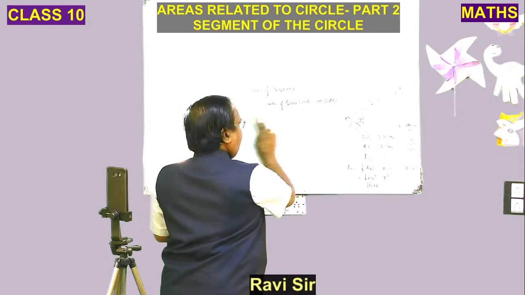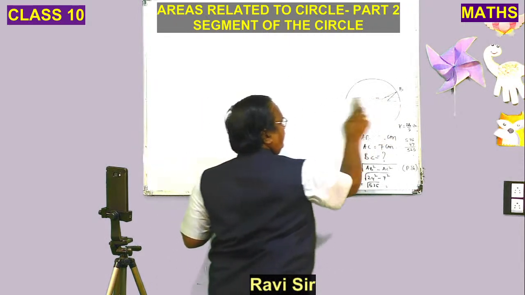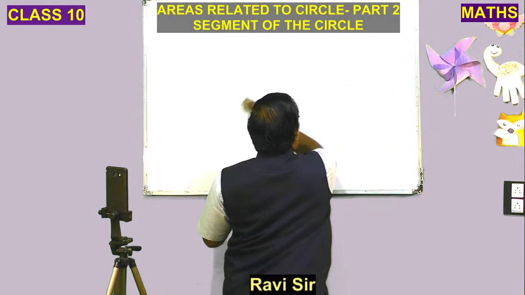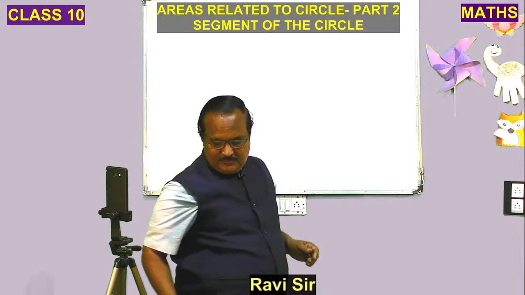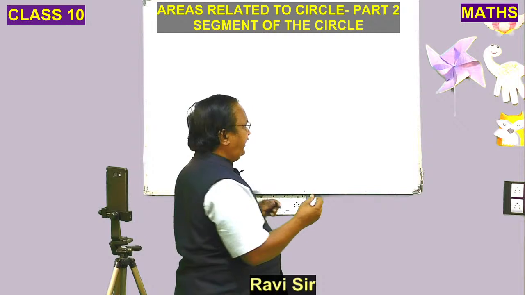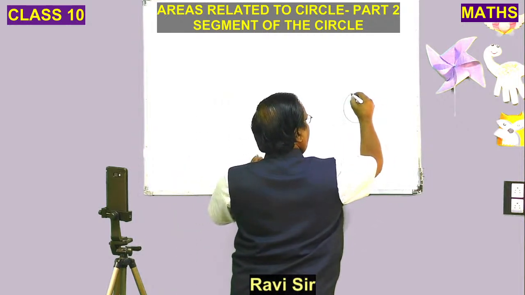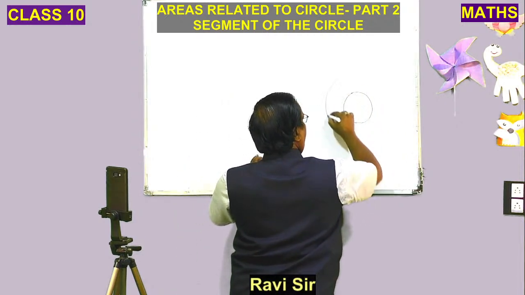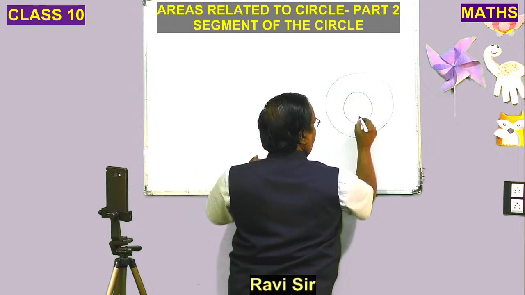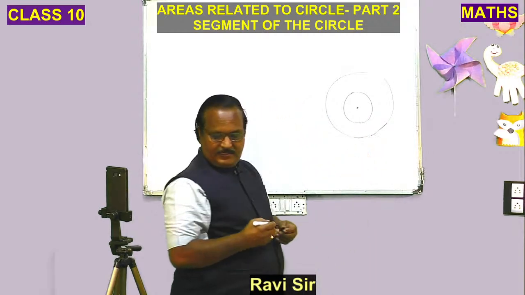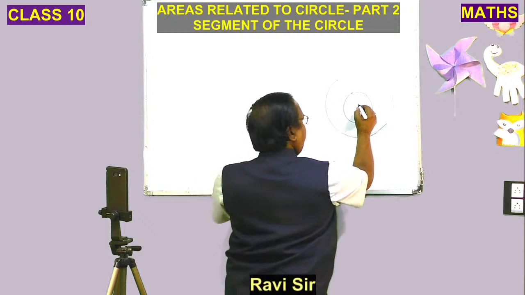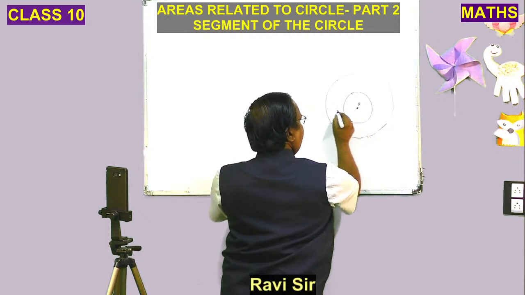So let me explain you one more question. This is an NCERT question, first question of the second exercise. So let me do one more question. Okay. So there are two concentric circles, right? Concentric circles means both circles have the same center.